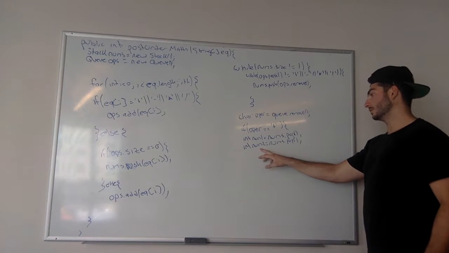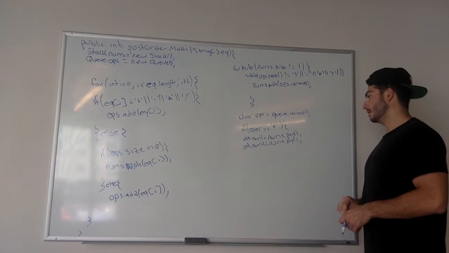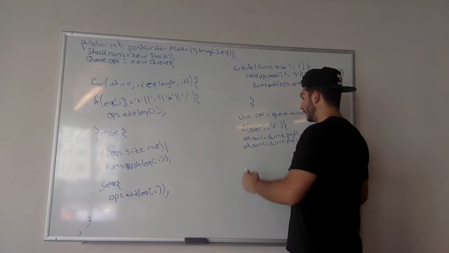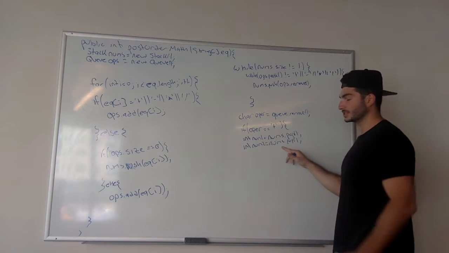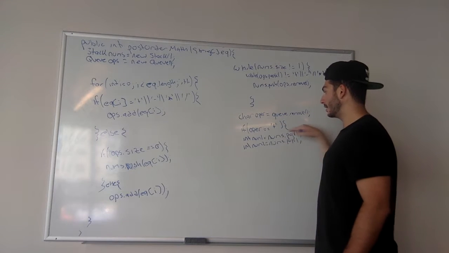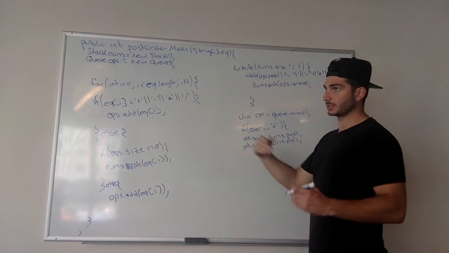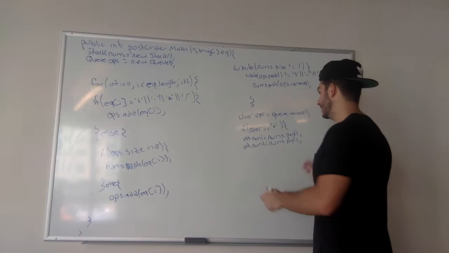So I'm going to do num2 plus num1, because num2 will be the first number we're dealing with. Num1 will be the second one we're dealing with if we're talking about popping things off the stack.